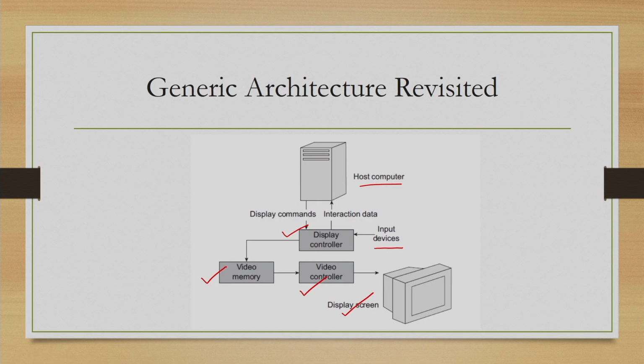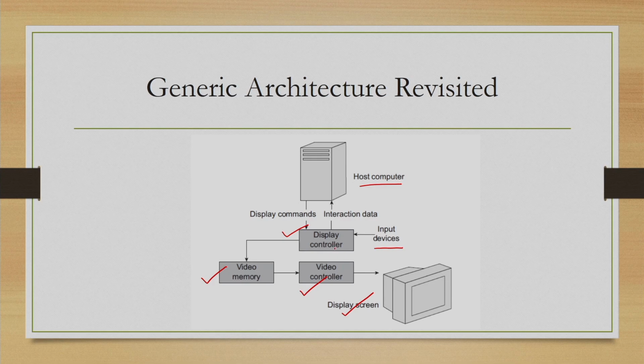As you may recollect, we also mentioned that most of the things are done separately without involving the CPU of the host computer. Typically computers come with a component called the graphics card, which probably all of you have heard of, which contains the video memory, the video controller and the display controller components.